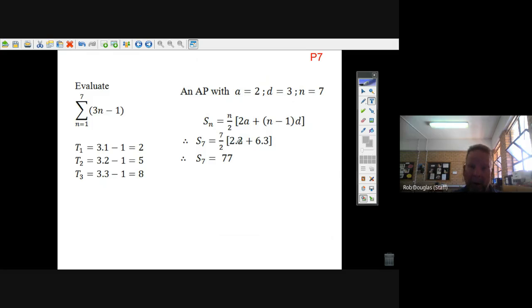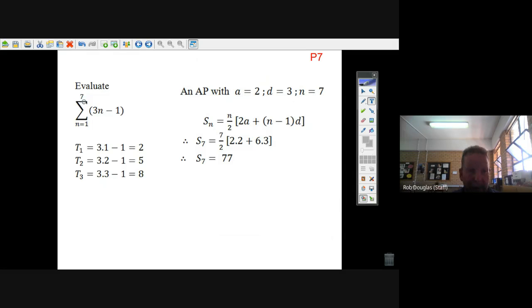Well, there's 4, 2 times 2 plus 18, that's 22. 22 divided by 2 is 11, times 7 will give you 77. You could put this in your calculator, 2 times 2 plus 6 times 3, and multiply it by 7 over 2, and it'll give you 77. That's the sum of these 7 terms.